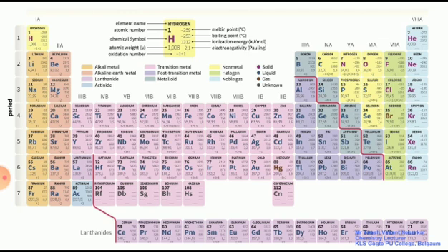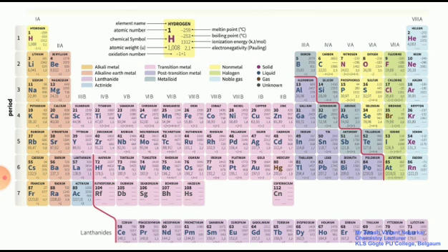So this is about some basics of the periodic table. You should know which group the elements belong to. So try to remember the atomic number of the element, the name of the element, and the symbol of the element.